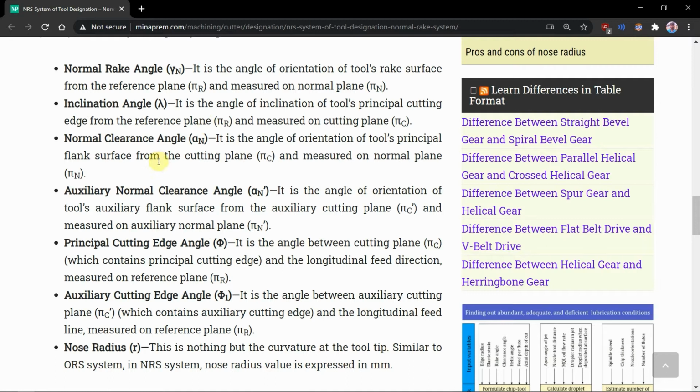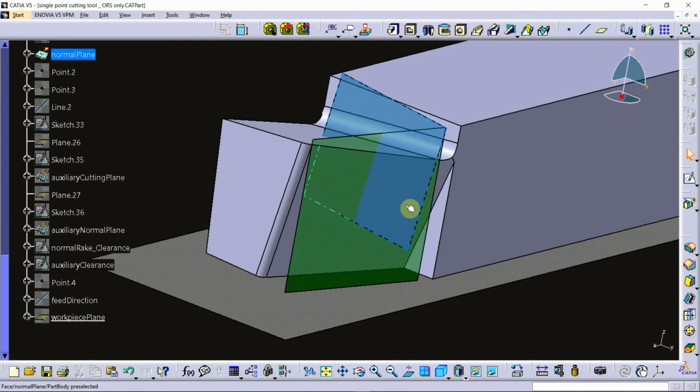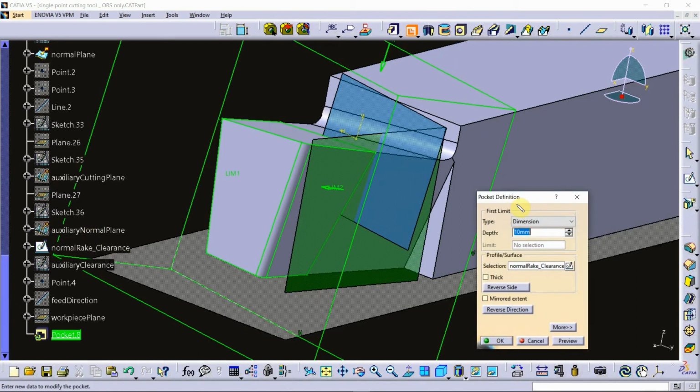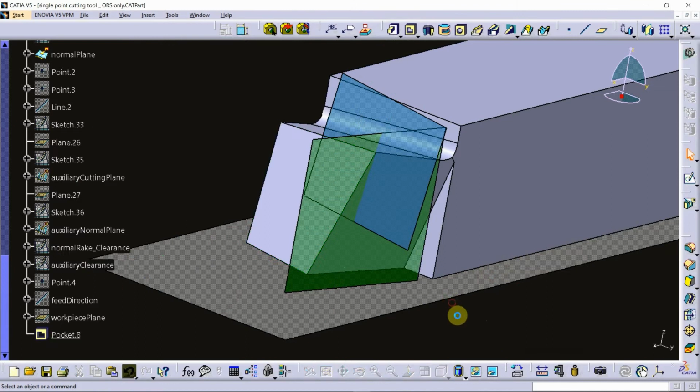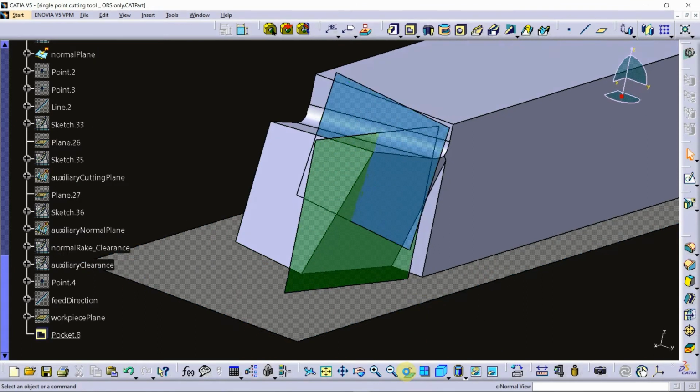The next angle is the normal clearance angle, and it is the angle of orientation of the tool's principal flank surface from the cutting plane, and it is measured on the normal plane. Since the angle is measured on the normal plane, let me cut the workpiece in such a way, and let me look perpendicular to the normal plane.